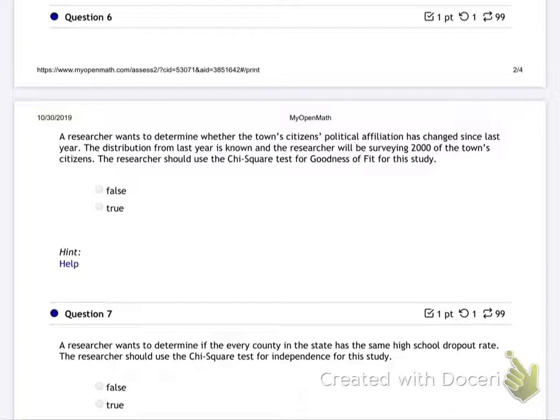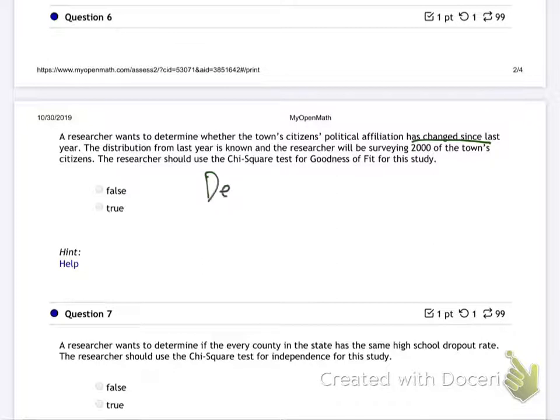A researcher wants to determine whether the town's citizens' political affiliation has changed since last year. The distribution from last year is known, and the researcher will be surveying 2,000 of the town's citizens. The researcher should use a chi-square test for goodness of fit. What are they trying to figure out? Whether the town's political affiliation has changed since last year.